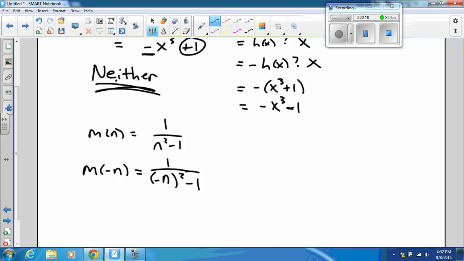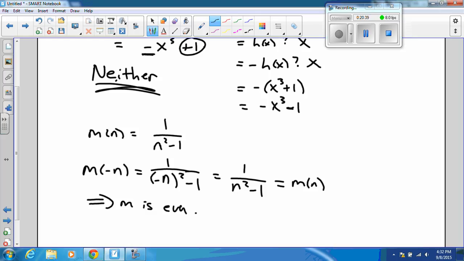I'm substituting negative n for n. And when I simplify that, I get 1 over n squared minus 1. And that's the end. Because that is equal to m of n. And therefore, m is even.